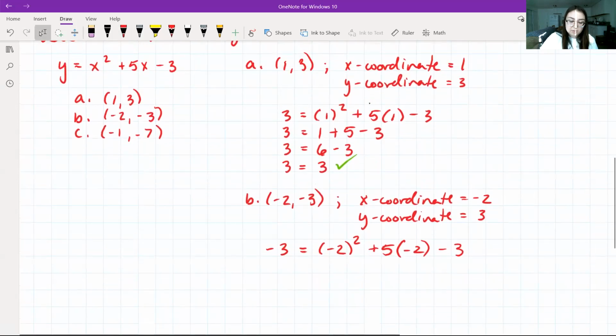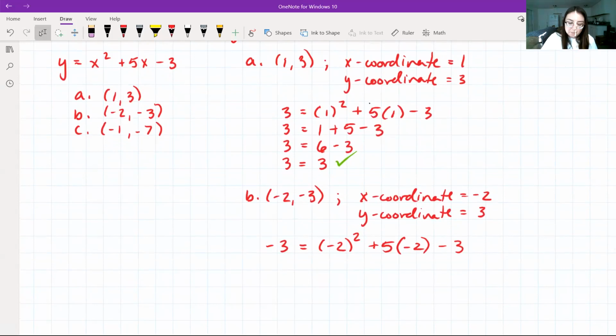So we have a little bit more simplification that we'll need to do. And we have -3 is equal to (-2) squared, which is just going to be 4, plus 5 times -2, which is -10, minus 3. We can simplify a little bit more. So we have 4 plus -10, which is going to be -6, minus 3.